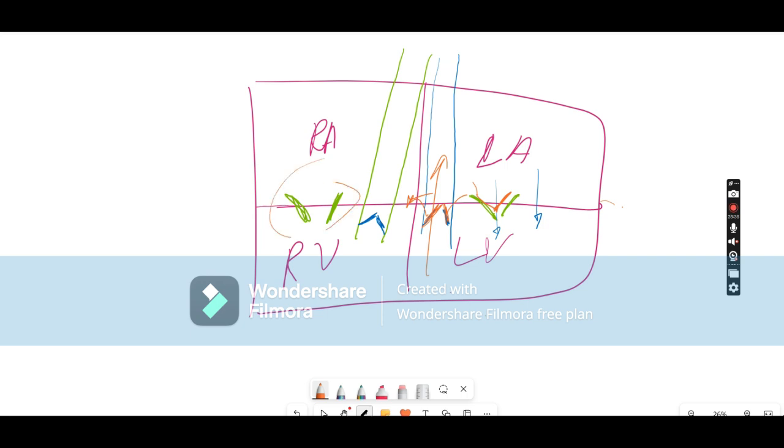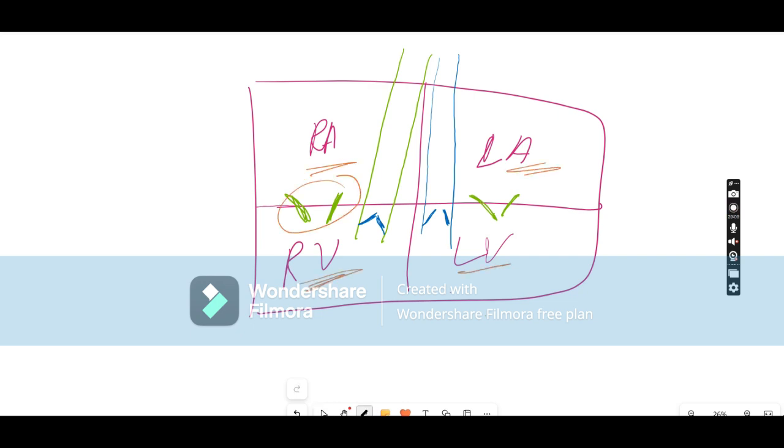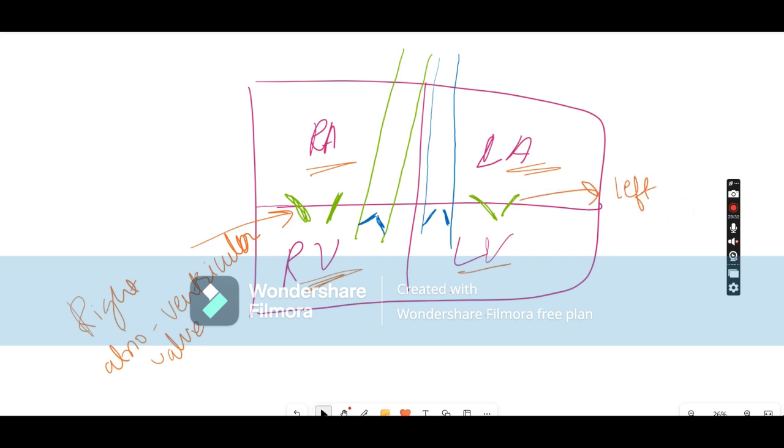The valves between atrium and ventricles are known as atrioventricular valves. So this is an atrioventricular valve, this is an atrioventricular valve, but these must have specific names. So this is known as the right atrioventricular valve, and these are known as the left atrioventricular valves.